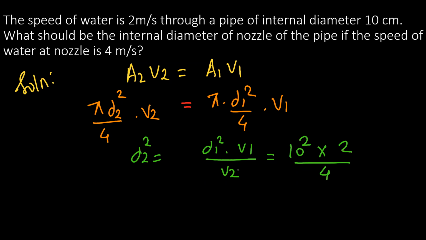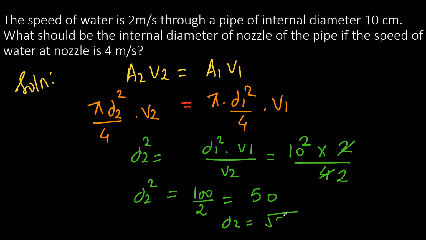Okay. So let's do some multiplication. Divide by 2. So what is d2 square? It's 100 by 2, that is 50. And then we have to find d2. Now d2 is square root of 50.